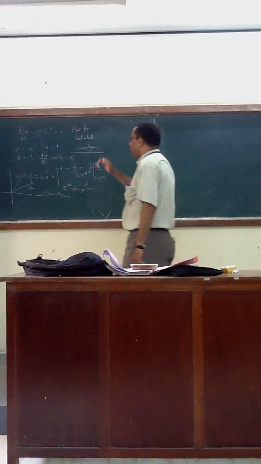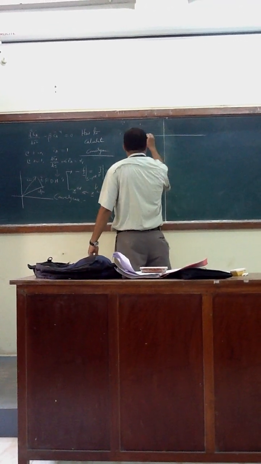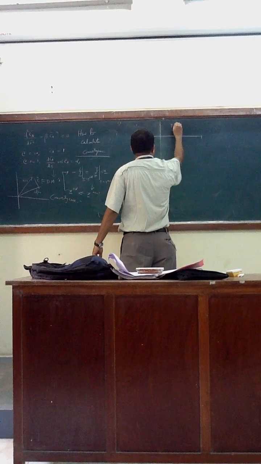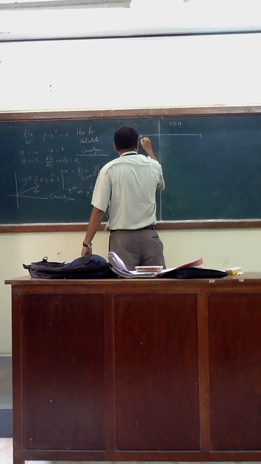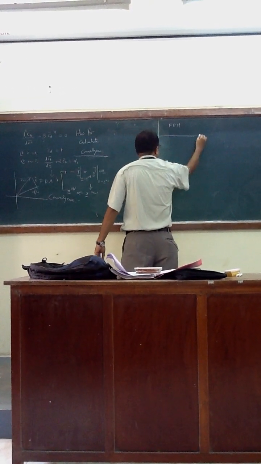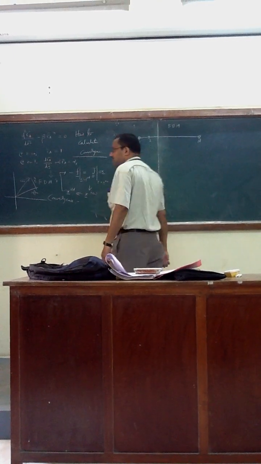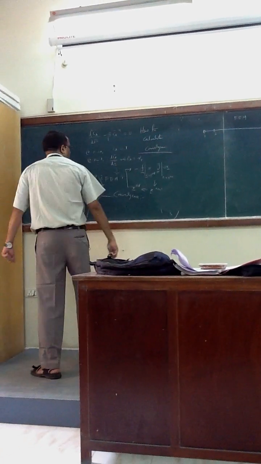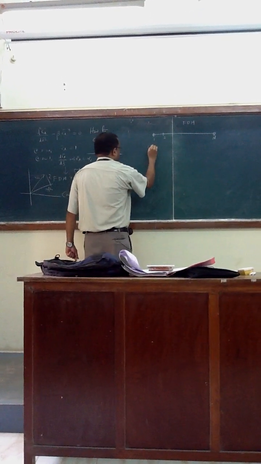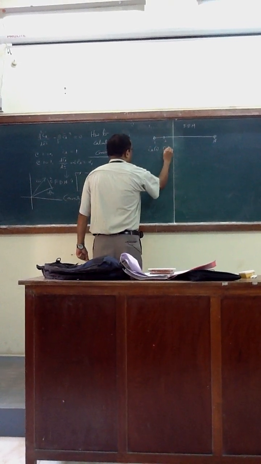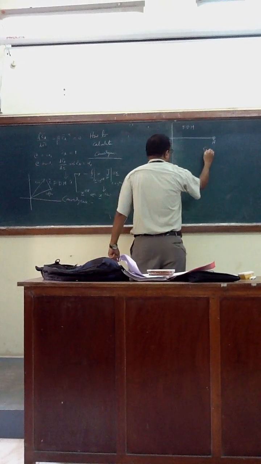How to perform the finite difference method here? This is my first node, second node, and nth node. The n nodes. What are the variables? CA bar 1, CA bar 2, and CA bar n.